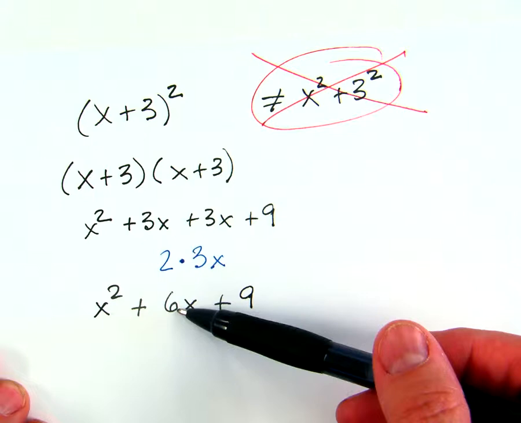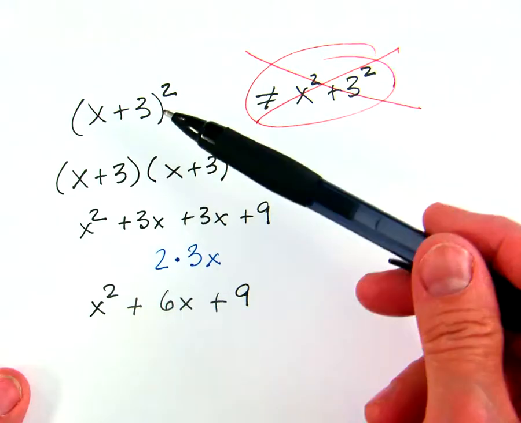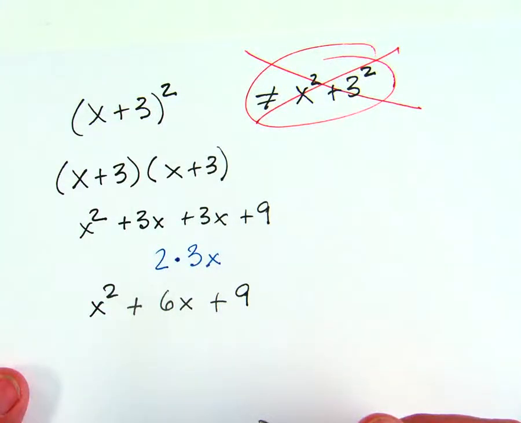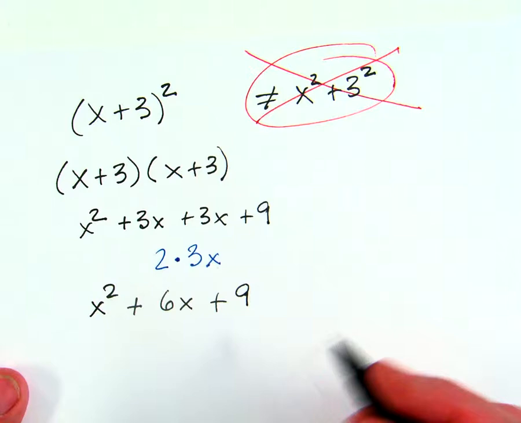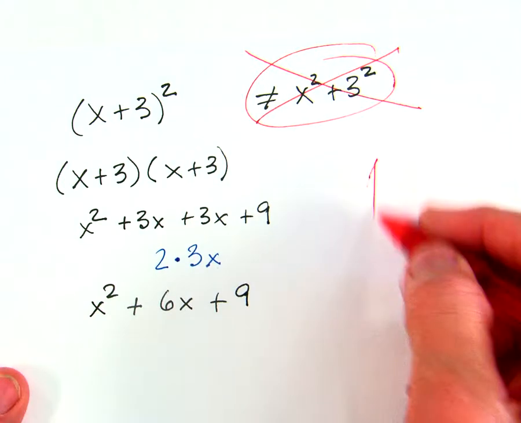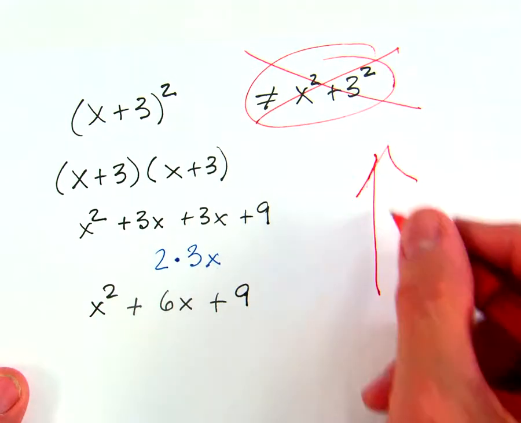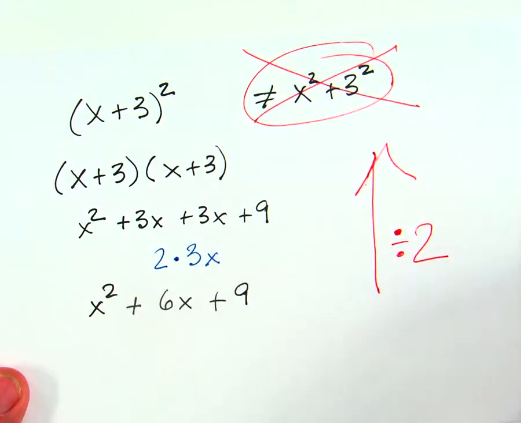That gets me back to what was the coefficient in each of these, the original number there. So what am I going to do then? Well, I'm working backwards, so it's going to be kind of like dividing. Here I multiplied by 2 to get to there. Now I'm going to divide by 2 to get back up to where I need to be.